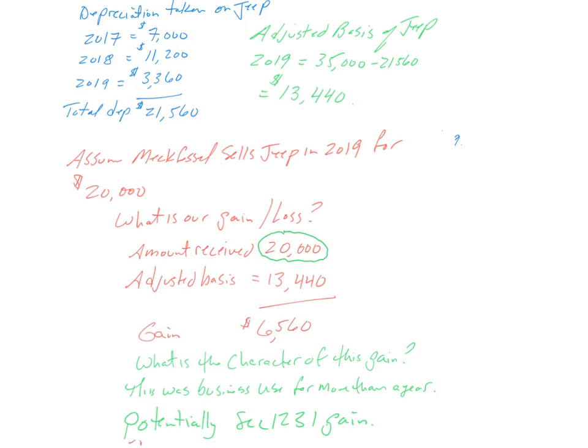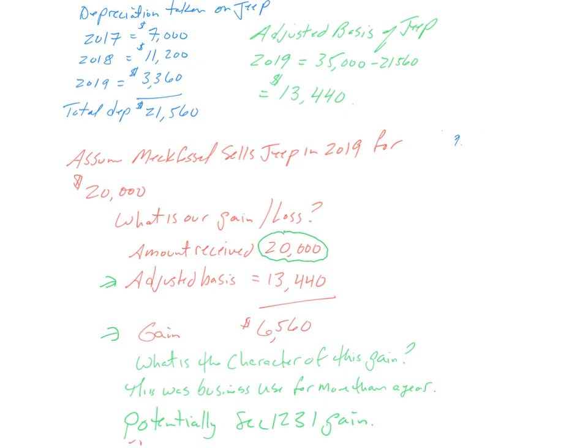But since it's business use property, we got to have the advantage of depreciating that asset over the last 3 years and enjoyed a tax break via that depreciation deduction for the last 3 years. And what that did was reduced our adjusted basis. So now, instead of that asset generating a loss, it generates a gain.